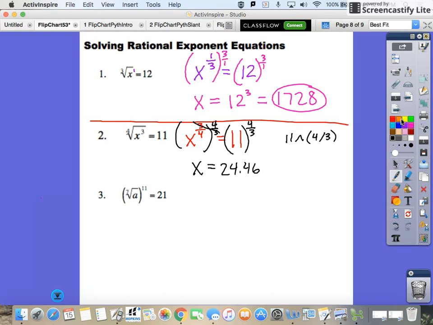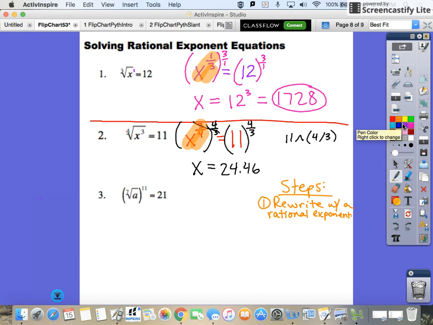One of my students asked, what's the rule? Here are basically the steps for it. So the first thing we need to do when we solve these is rewrite with a rational exponent. That was this part.